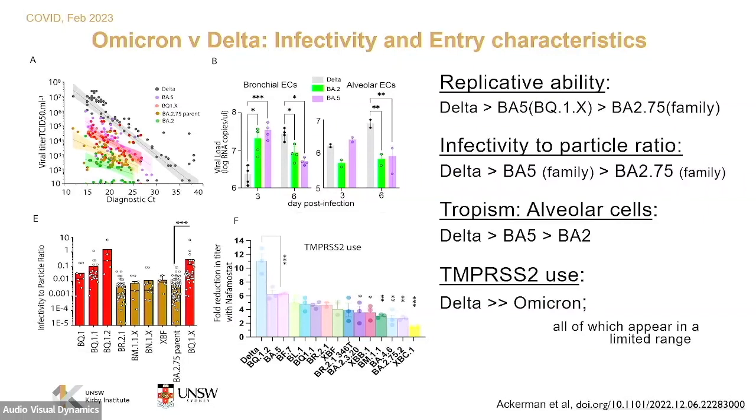Also, we've demonstrated that Delta, which is no surprise, infects alveolar cells better than BA.5, which is better at infecting alveolar cells than BA.2. And the TMPRSS2 usage is strongest with Delta and far less with Omicron. But the variation in the ability to use TMPRSS2 is not that much different across all the Omicron variants.